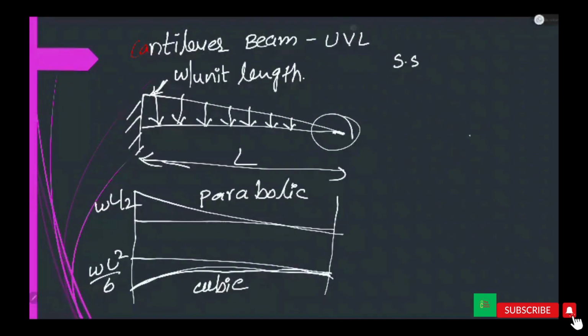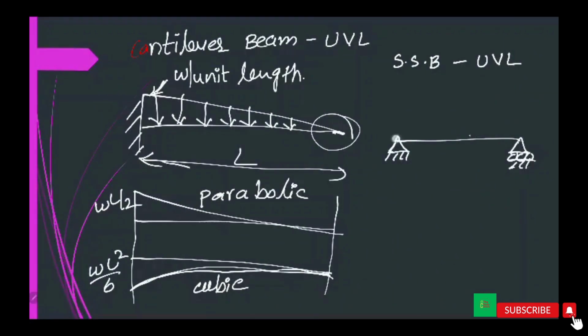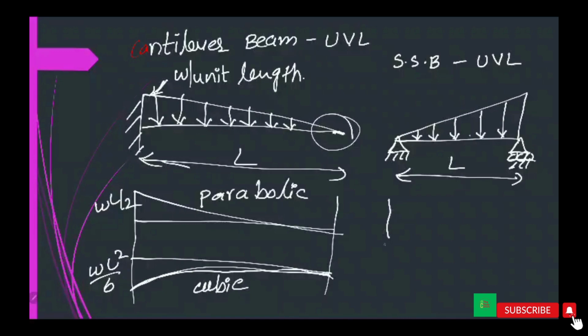Simply supported beam subjected to UVL load. This is length L. Shear force diagram will be parabolic and cubic.